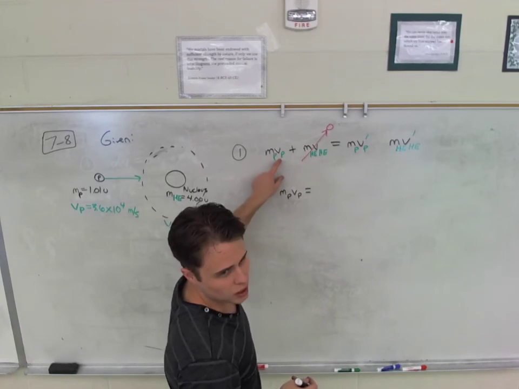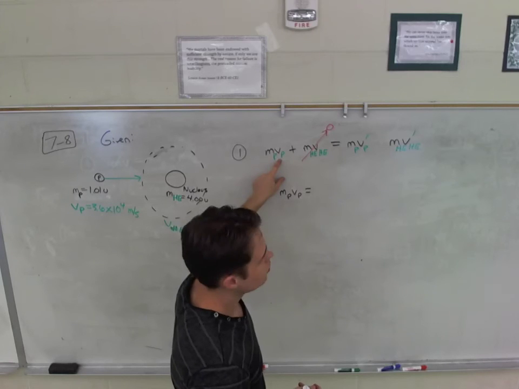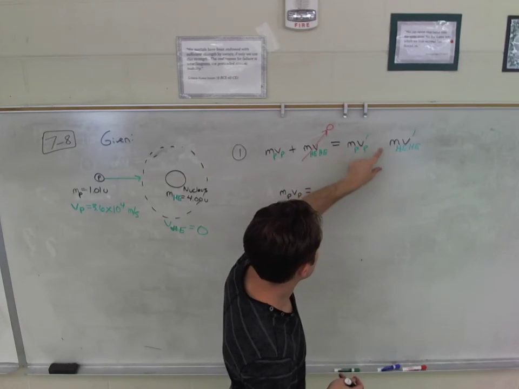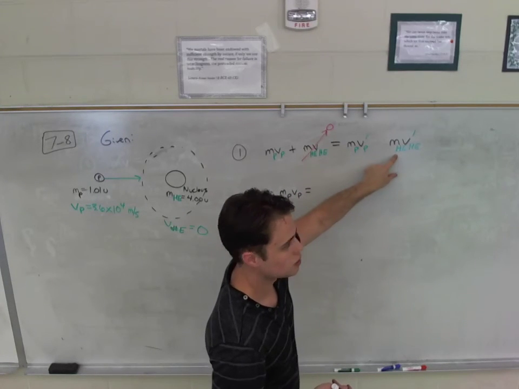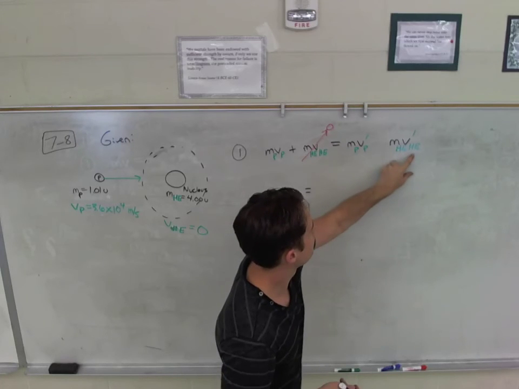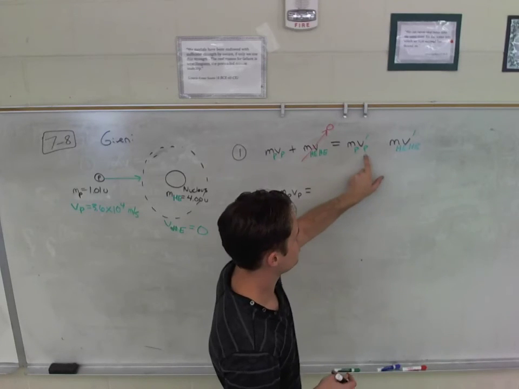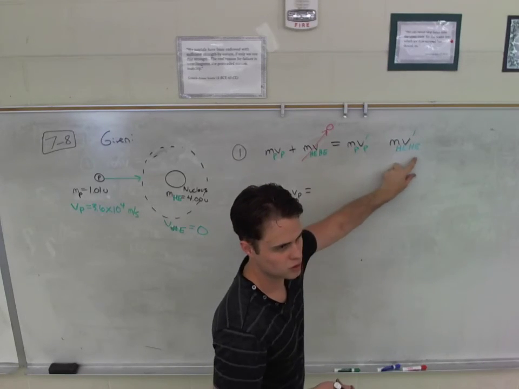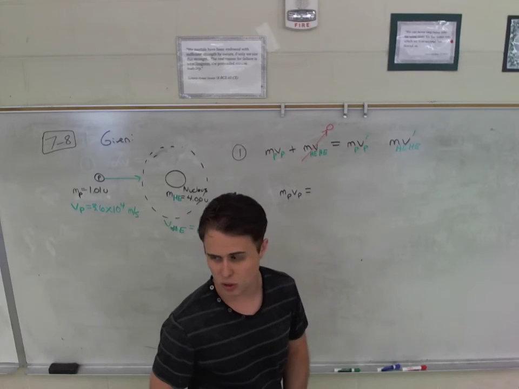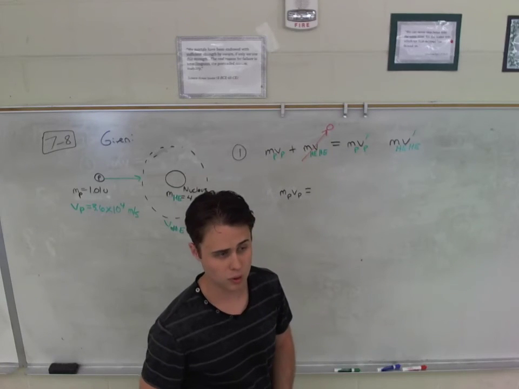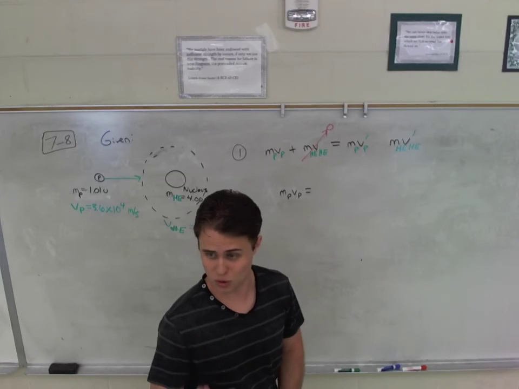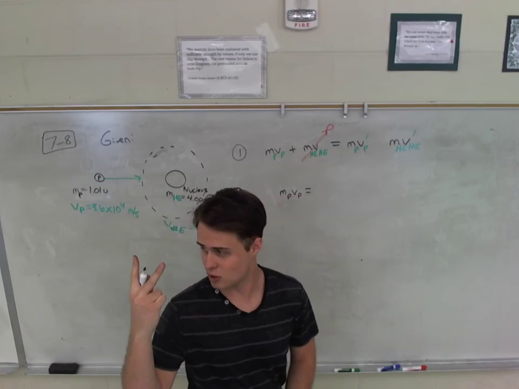We only know this velocity. What do we know over here? We know that, we know that. Do we know either one of these? So how many unknowns do we have? 2. So if you have 2 unknowns, how many equations do you need to find them? 2. 2 unknowns means I need 2 equations.